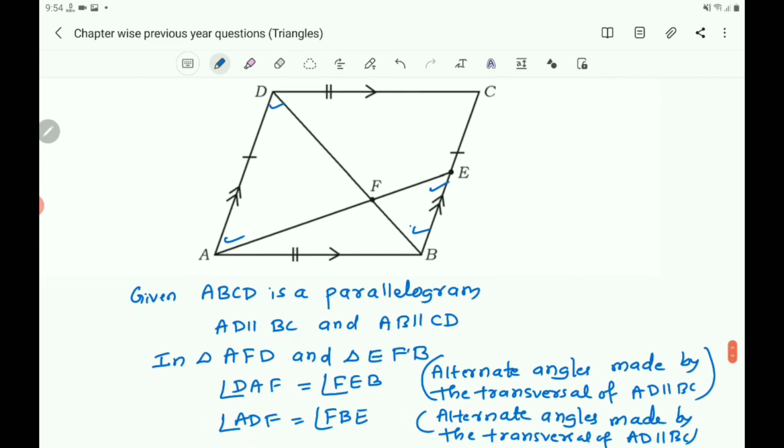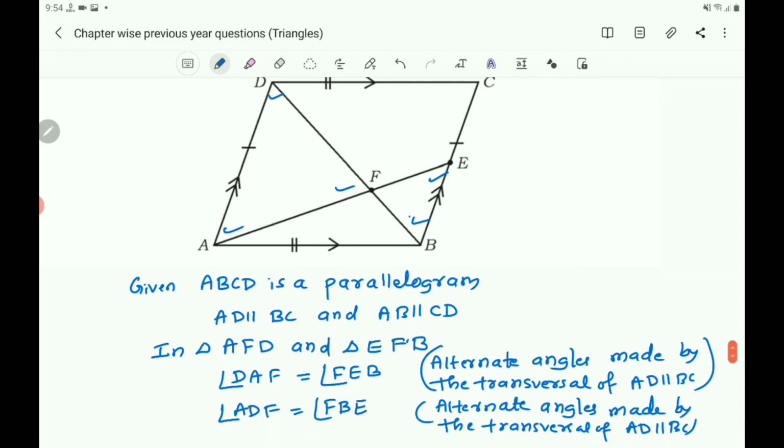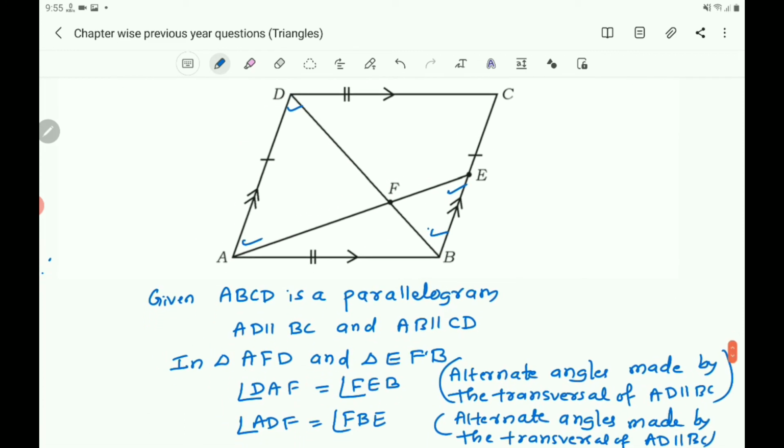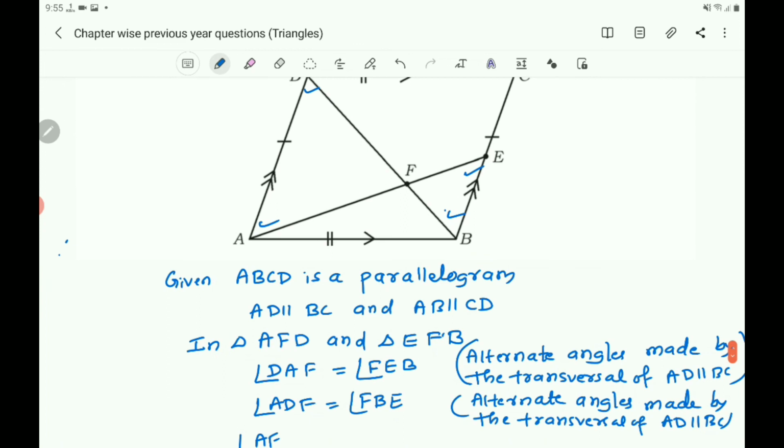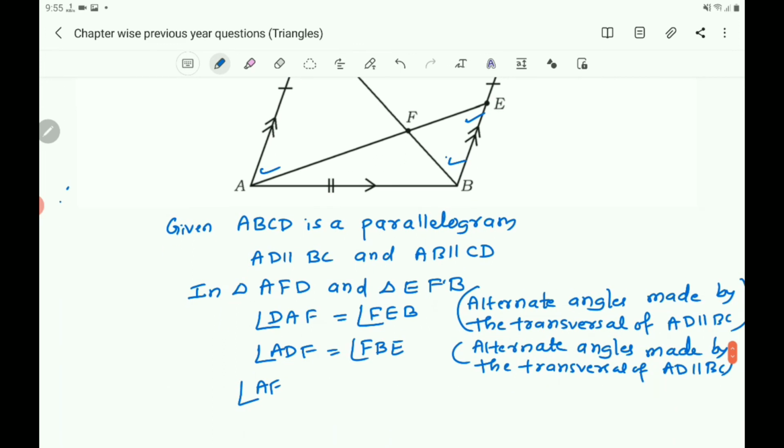And also you can have a third pair, or otherwise you can write by using the AA similarity criteria. So you can write angle AFD equals angle EFB. Why are they equal?